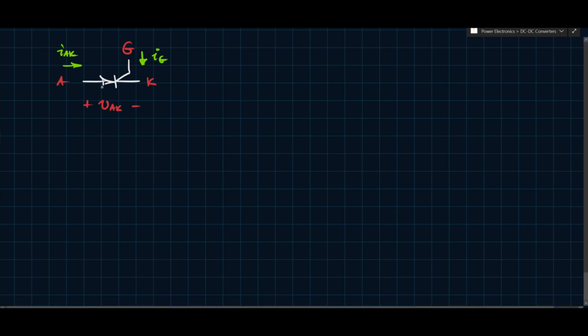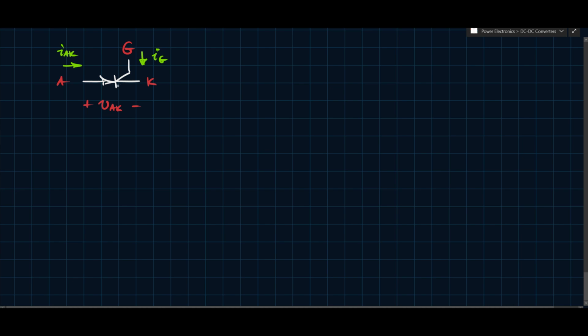When you apply a positive voltage here, the thyristor will only turn on if you've also applied a gate pulse. You have to have both conditions satisfied. It's not enough to just apply a positive voltage and expect it to turn on. It won't. Once a positive voltage is applied and the gate is applied, then it acts like a diode. So you can control how it turns on. That would be the turn on control.